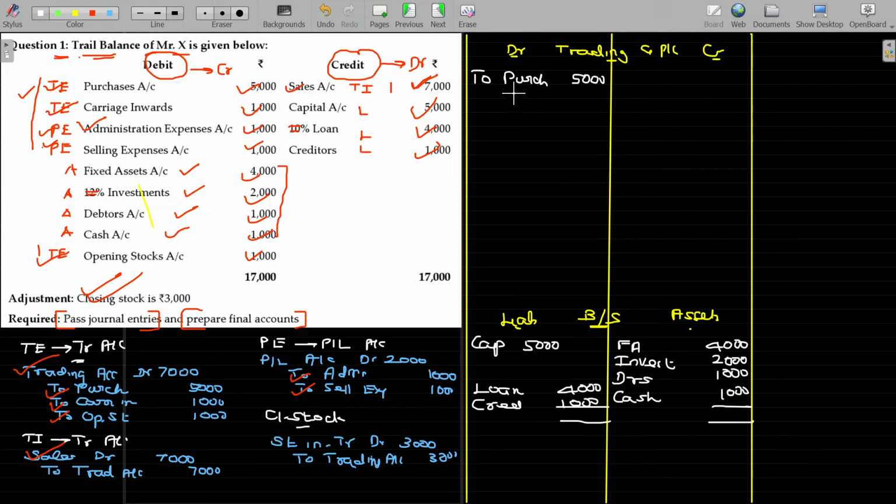Carriage in, 1000 rupees. Opening stock, 1000 rupees. And here the trading account credit side, means in credit side, by sales, this value being 7000.